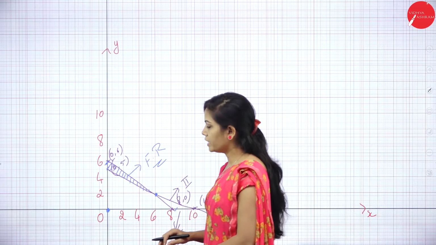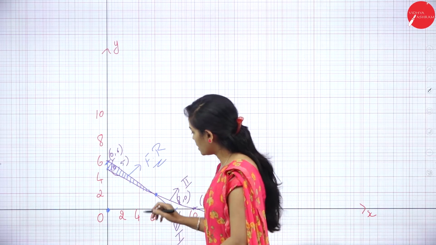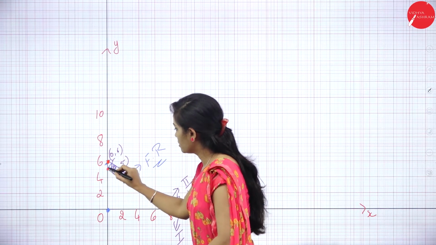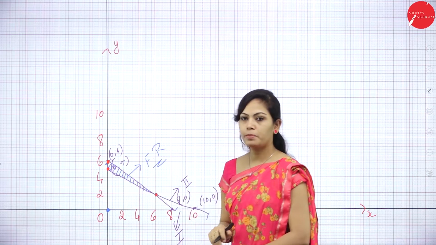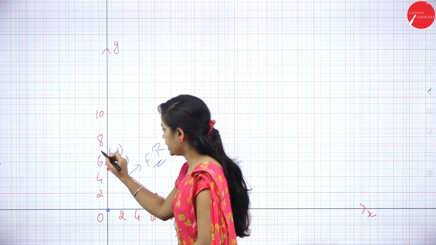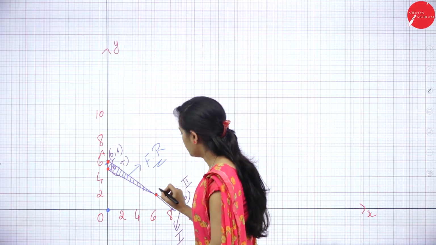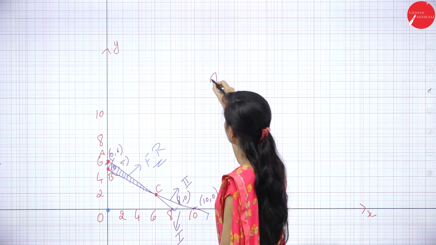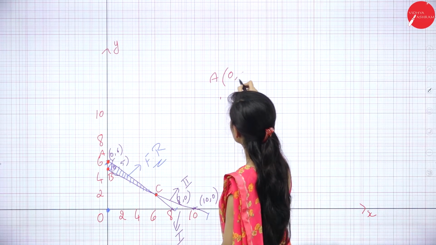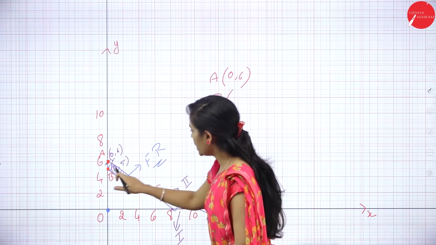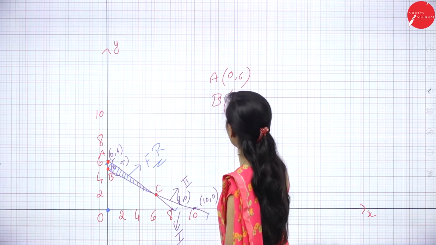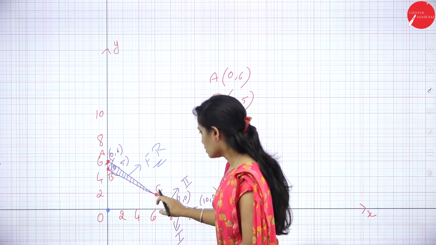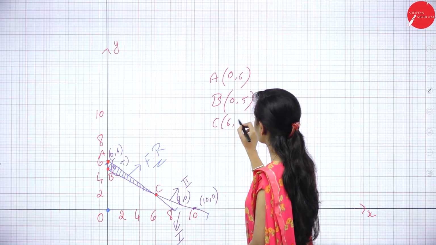Now you can find the corner points here. We have three corner points. I'll call them A, B and C. The first corner point is A at (0, 6), B is (0, 5), and C is (6, 2).